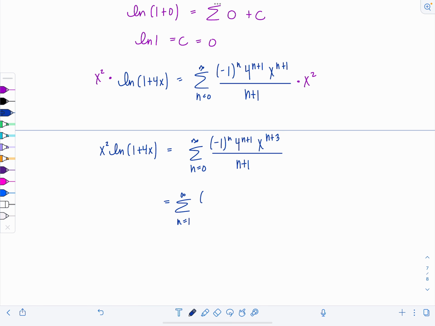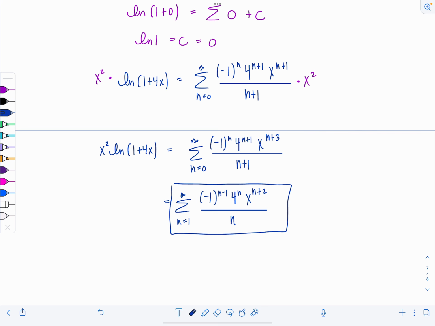So now I'll have (-1)^(n-1) times 4^n times x^(n+2) over n. So what did I just do? I started the index 1 higher, so then I have to subtract 1 from all of the expressions involving n here. I think that's the cleanest way to write it.